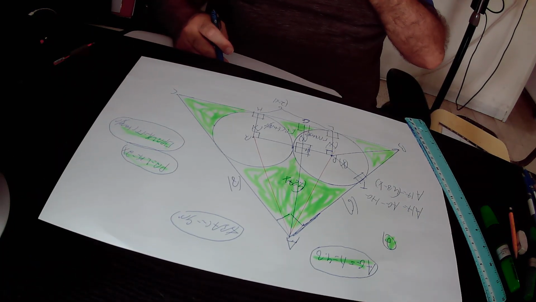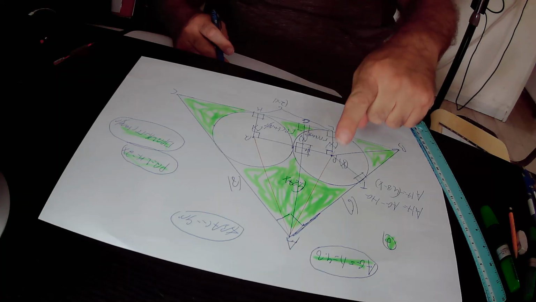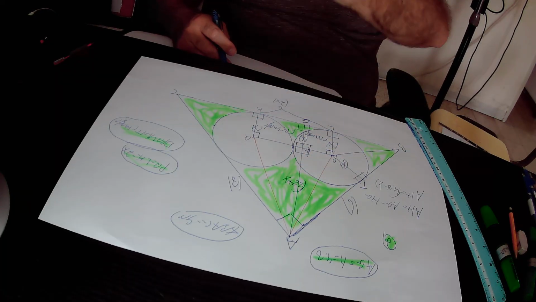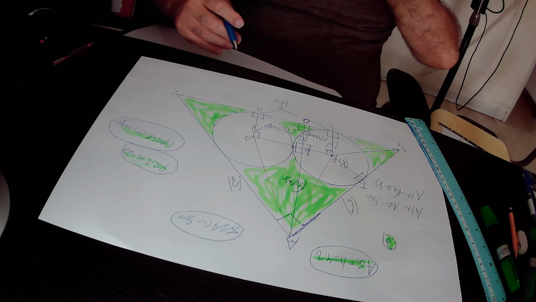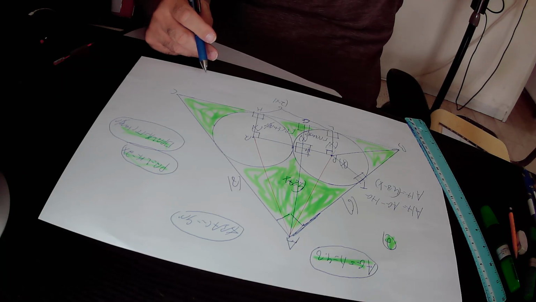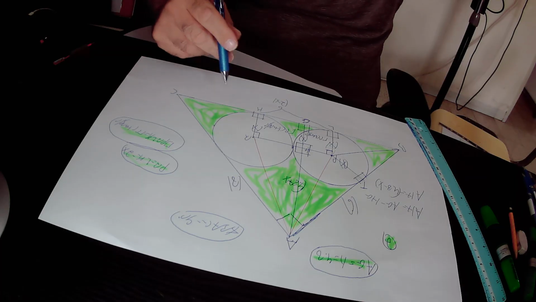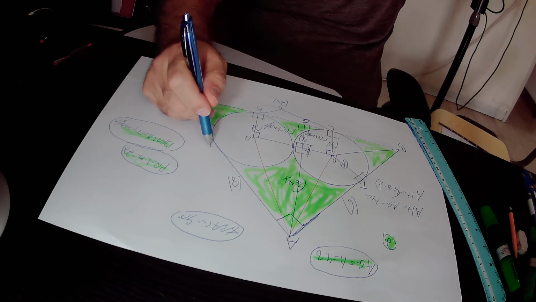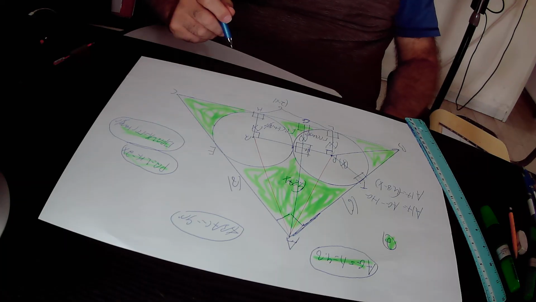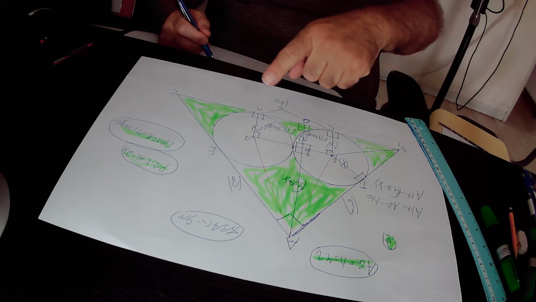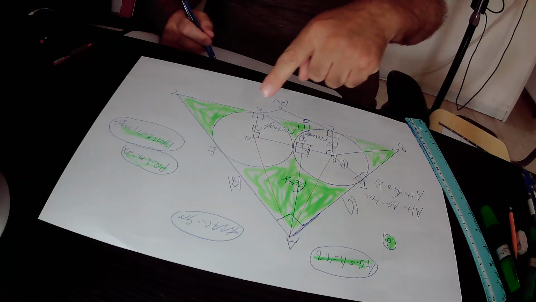In the next step, we define the point of tangency of tangent AC with this circle. This point is point E. Point E is the point of tangency of tangent AC with this circle.